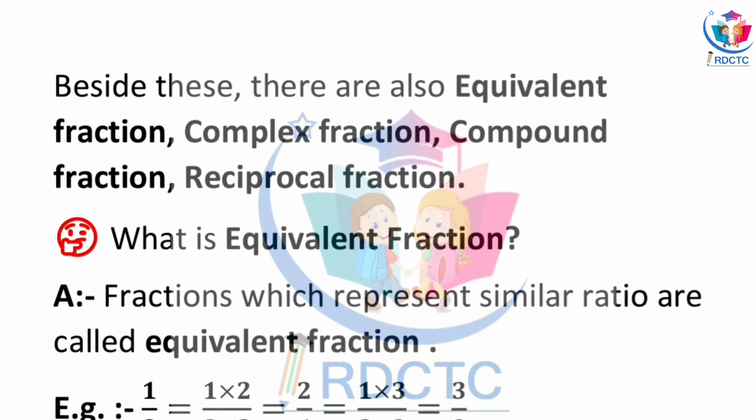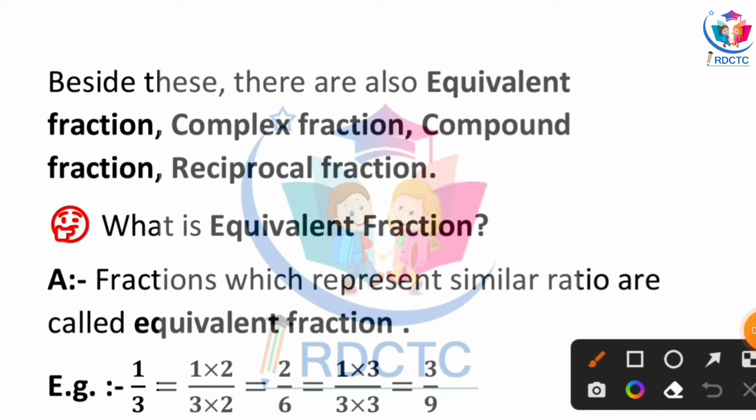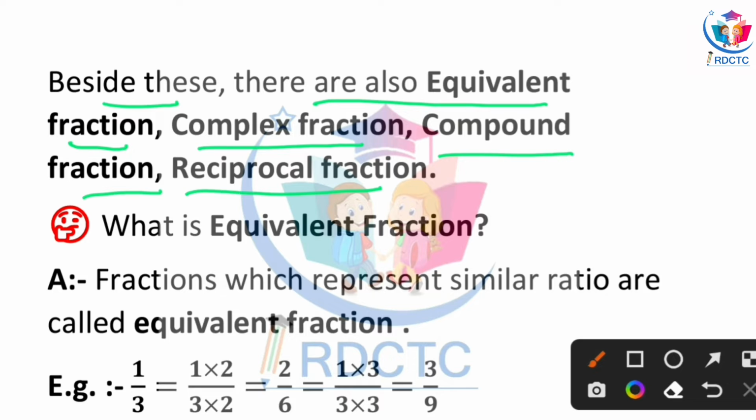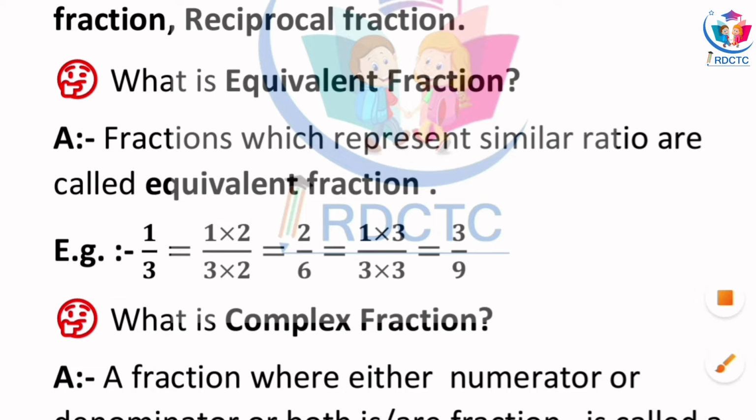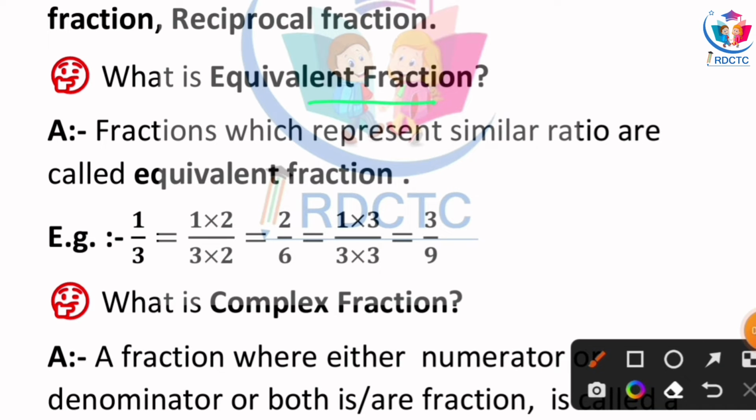Next, we see the other fractions. Beside this, there are also equivalent fraction, complex fraction, compound fraction, reciprocal fraction, and we see all the definitions one by one. Okay, let's see what is equivalent fraction.